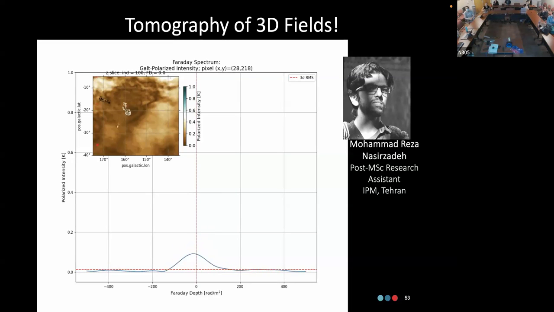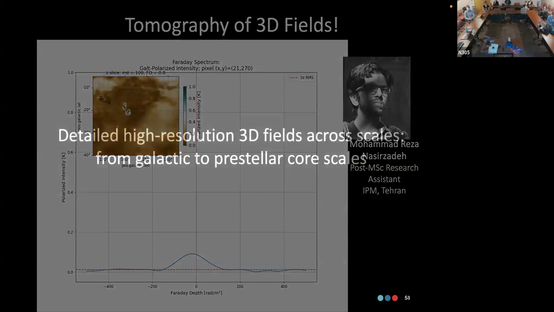Faraday tomography decomposes polarized intensity into components of rotation measure, or Faraday depth, along the line of sight. So if you look at the Perseus and the entire Per-Tau bubble and look at this Faraday depth in this region, we will be able to put a comprehensive 3D tomographic view together.